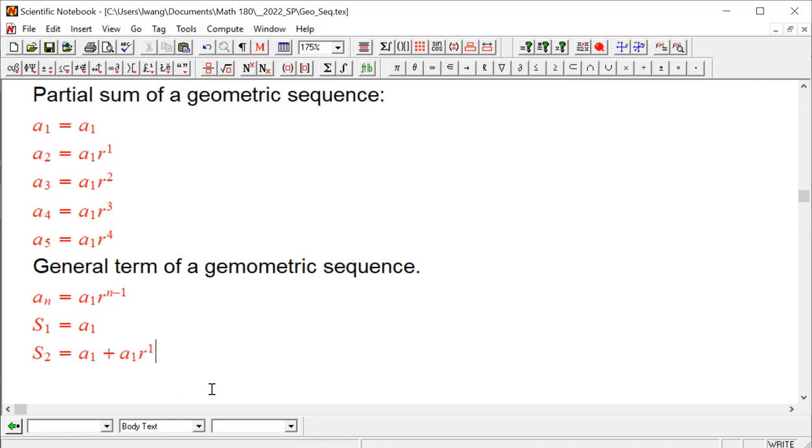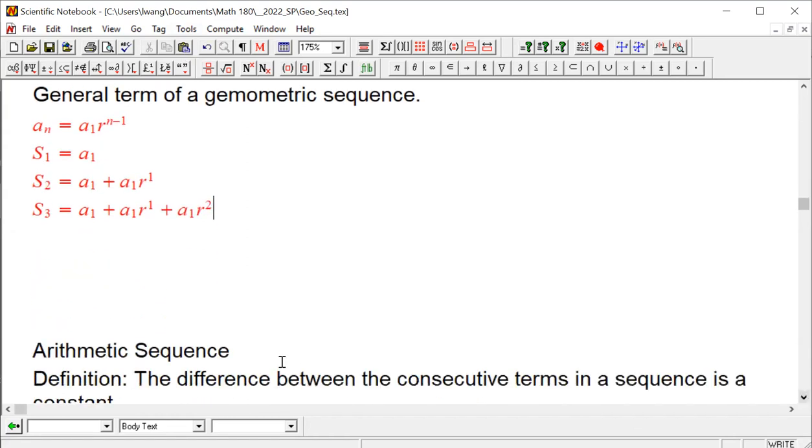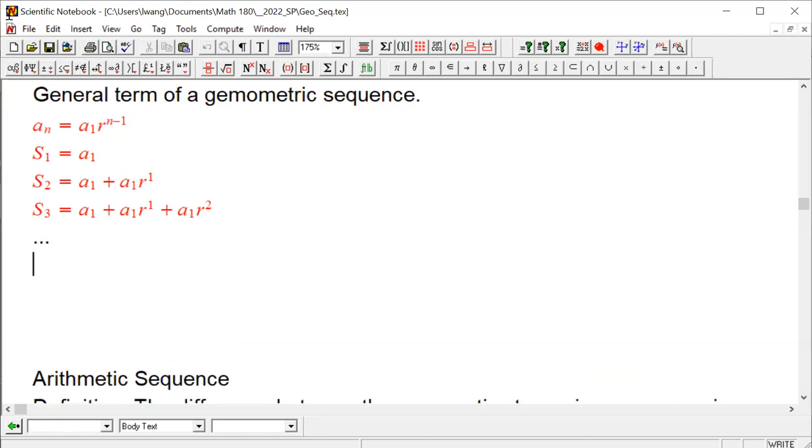r to the power 1, of course, is just r. You can remove that exponent 1, but it doesn't make any difference. Partial sum sub 3 is the first 3 terms, so you're going to have a1 plus a2 plus a3. And we keep going until we find the partial sum of the first n terms.